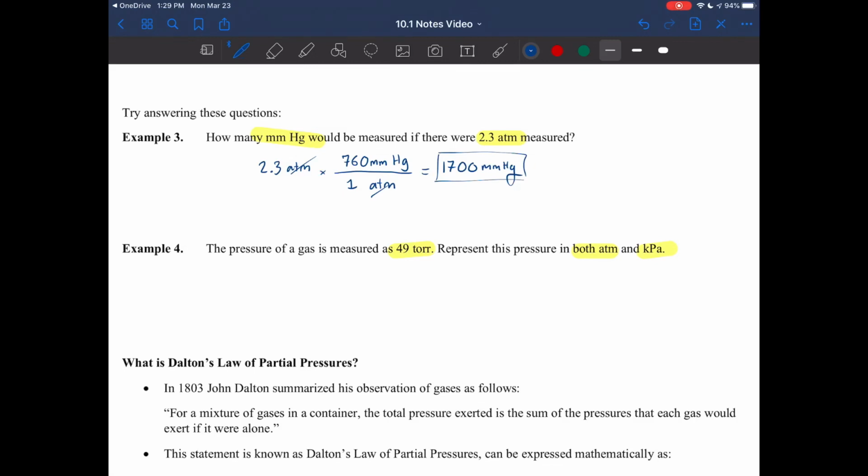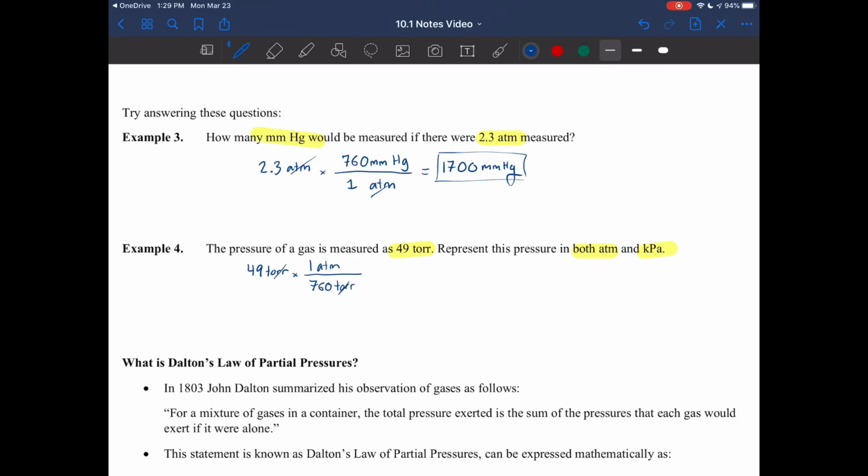The other one, let's convert it to kilopascals. So 49 torr, let's use that first. And if you look at the conversion factors from the last page, it looks like 760 torr were equal to 1 atmosphere.